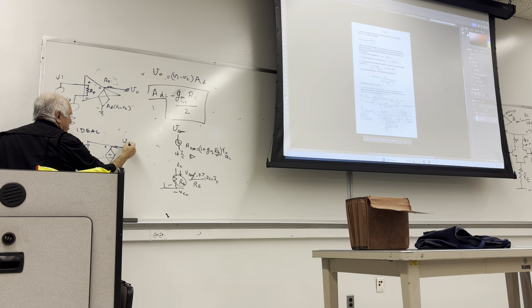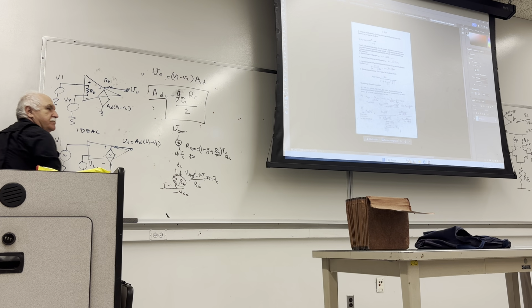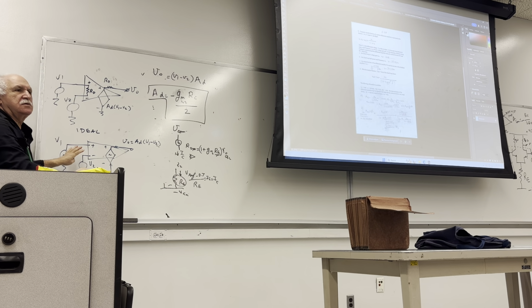And the output voltage will be equal to AD times V1 minus V2. This will be the kind of simplified ideal model.